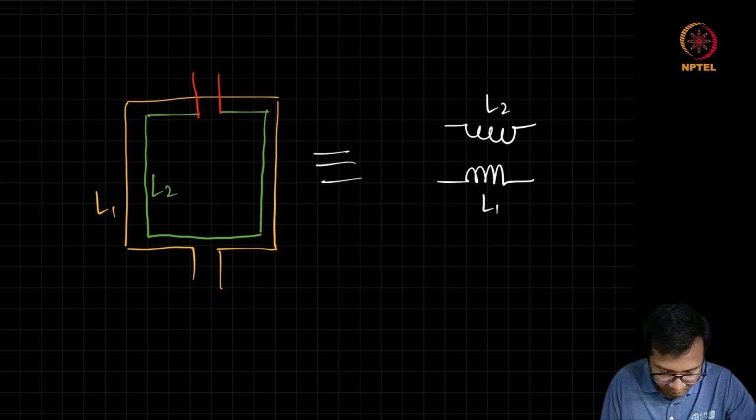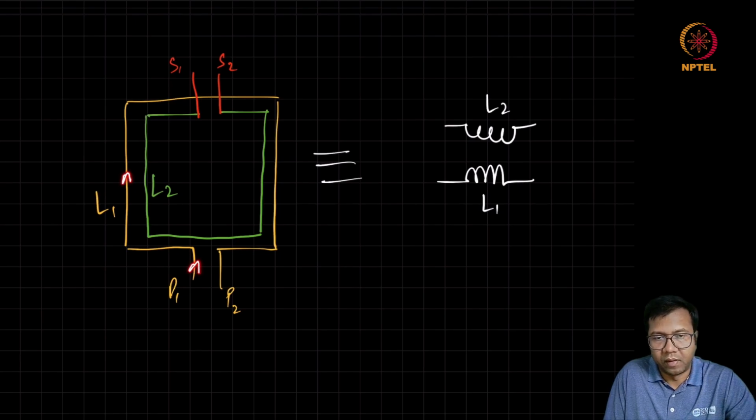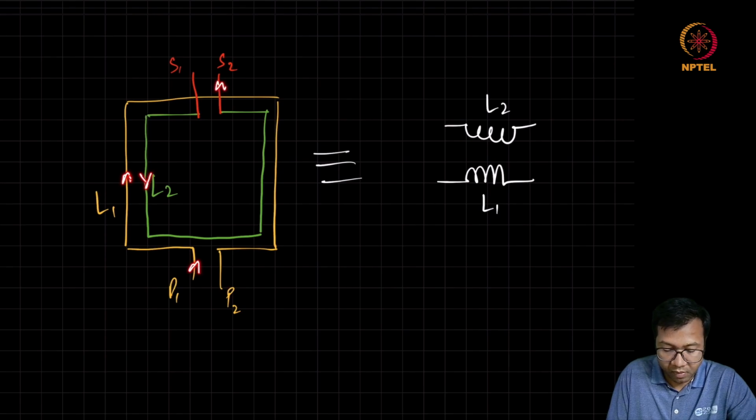And here we can also note down the dot convention. So let's say these are the terminals. So we can very easily see that once the current is entering this P1, it will induce the voltage or current in the L2 in such a way that current is going to flow in this direction. So it means if current is entering P1, it is going to come out of S2.